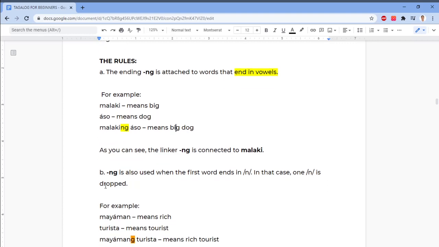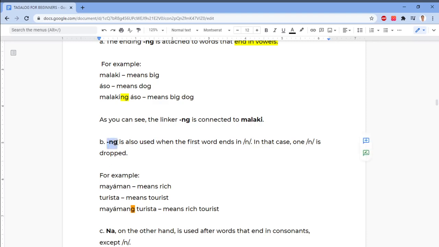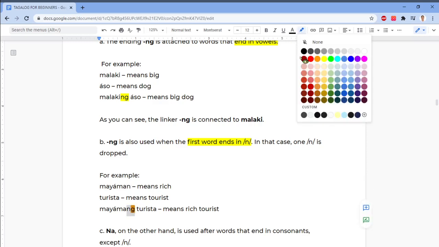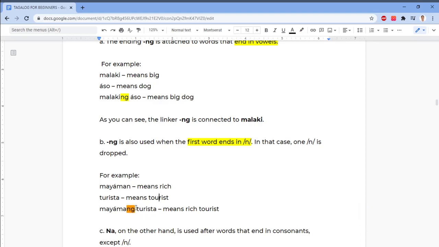Next, the suffix ng is also used when the word ends in n. Let's highlight this. In that case, the n is dropped. For example, the word mayaman: you just drop the n and replace it with ng.